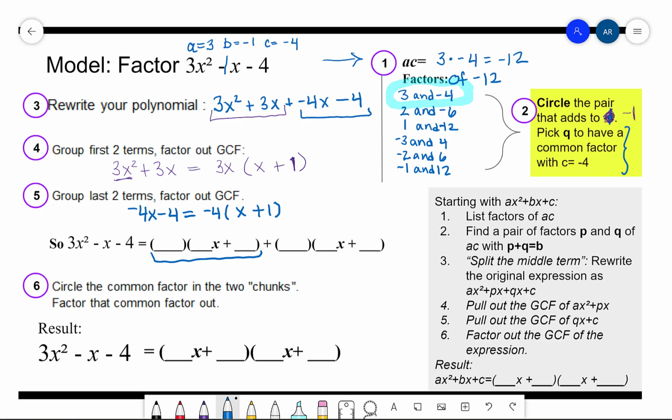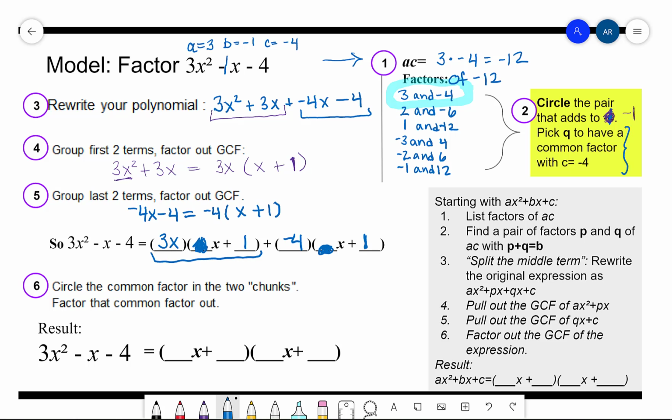As I said before, you might just do steps 4 and 5 as one line. So we factored out a 3x in front of an x plus 1. I'm just going to scribble that out and let it be x plus 1. And then the second one, I had negative 4, again times x plus 1.